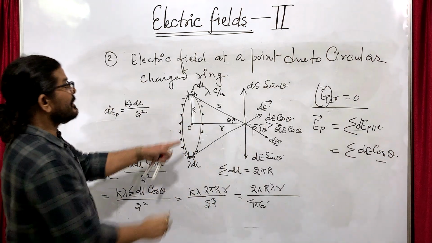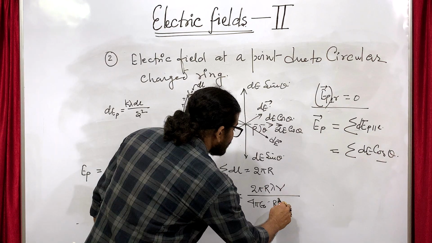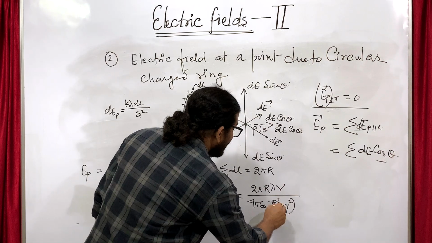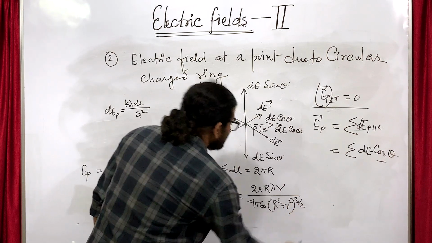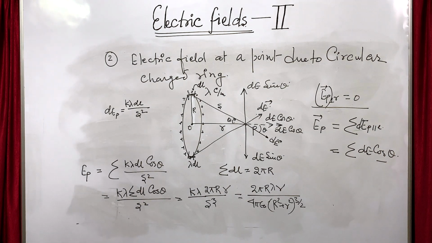S can be written as R square plus r square to the power 3 by 2.